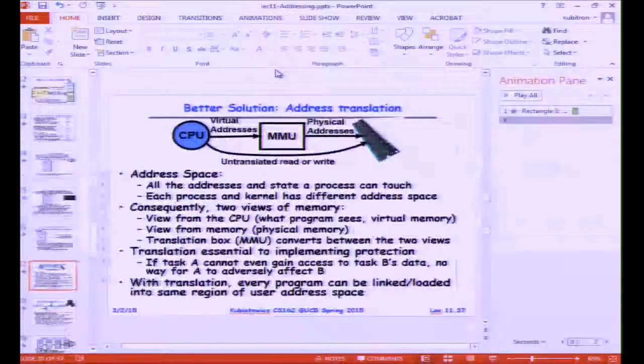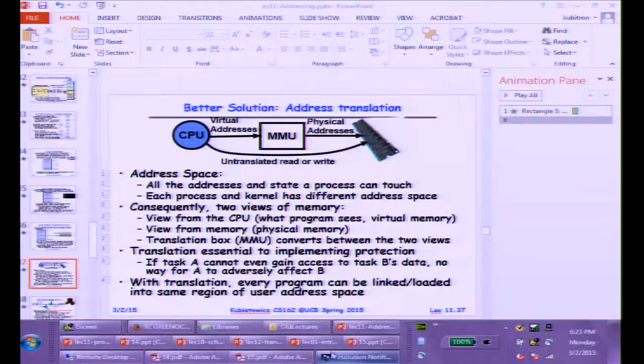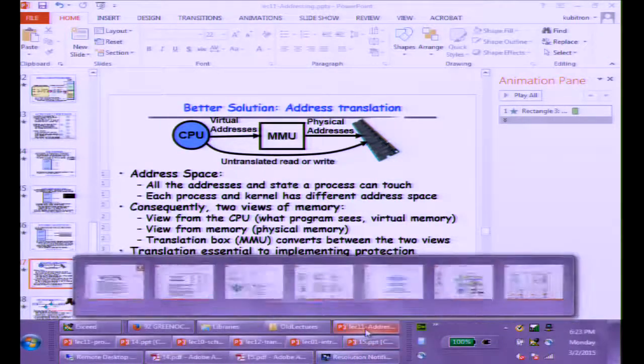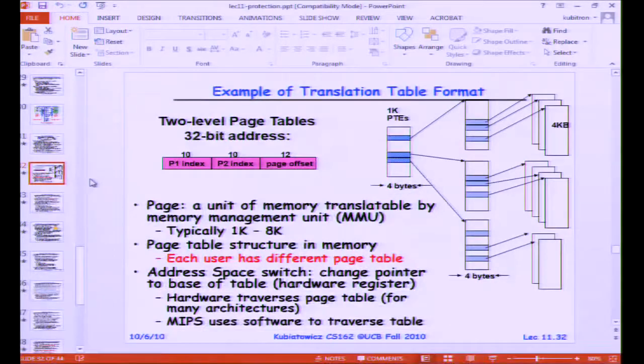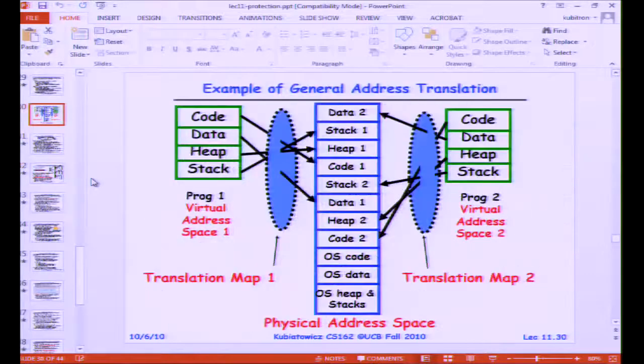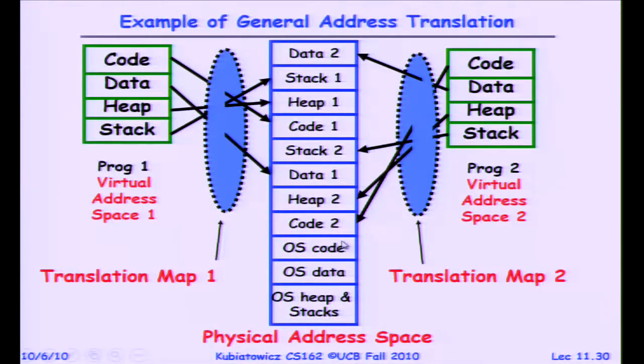Okay, and actually I took a slide out, which I realized I want to bring back to you here. You remember this from earlier in the term, this idea that program 1 has an address space that has code, data, heap, stack, and program 2 has an address space that has code, data, heap, and stack.